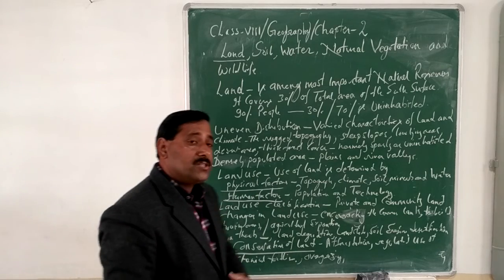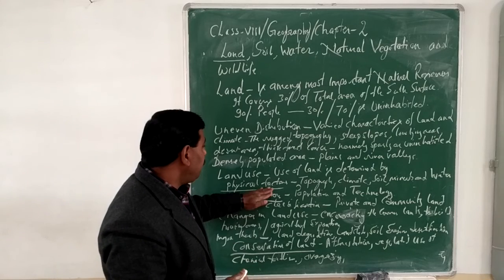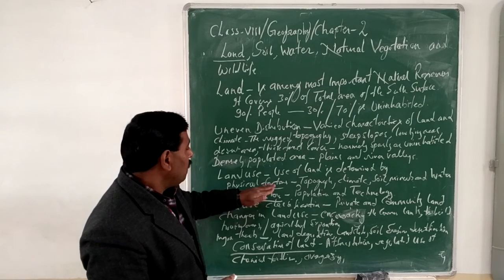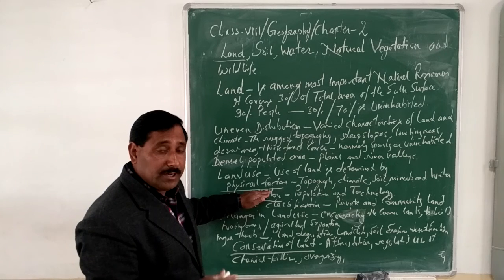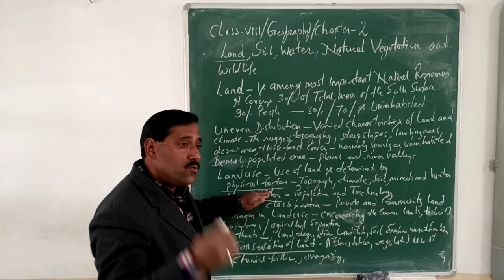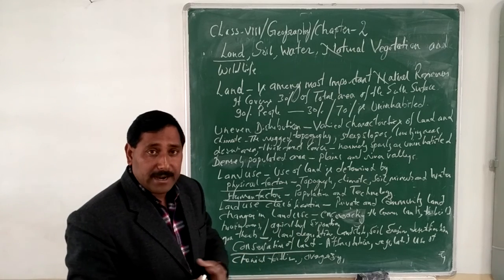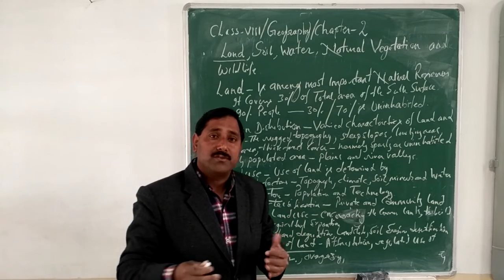Now, one by one we will discuss what are these physical factors. Physical factors which determine the use of land. Remember, use of land means how we are using the piece of land. In very simple term, the way how we use the land.